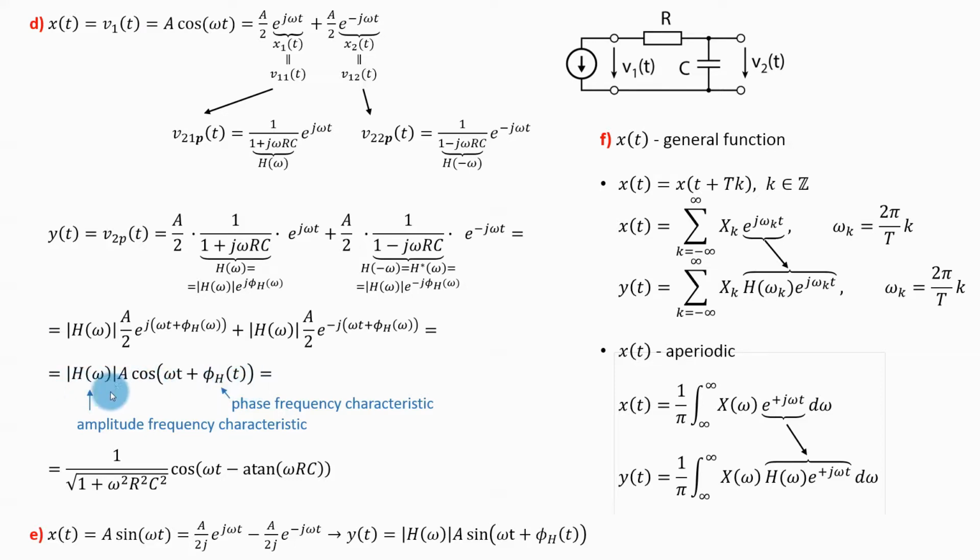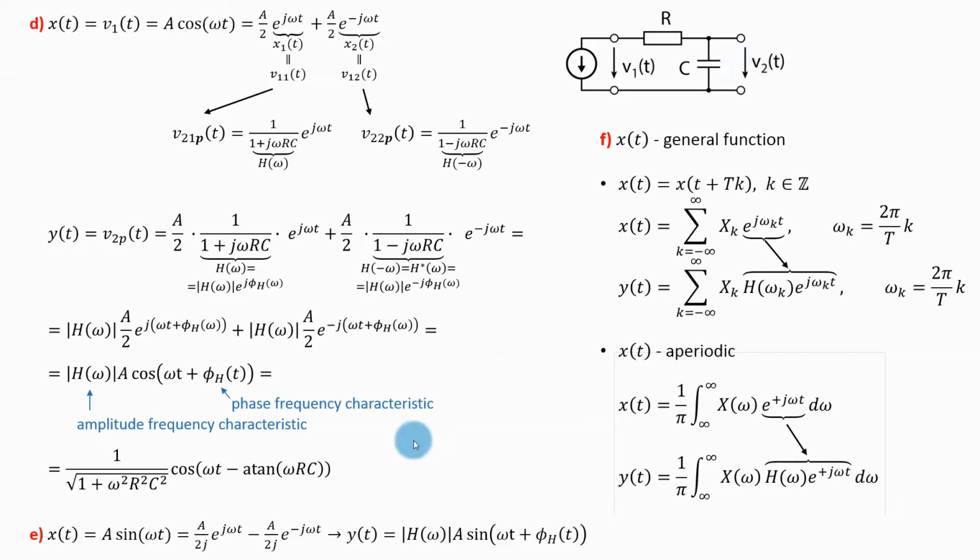And of course the amplitude frequency characteristic tells us how the cosine is amplified in amplitude, and the phase frequency characteristic tells us how the cosine is shifted in phase. If I substitute the frequency characteristic of this circuit, I would actually get this formula for the output voltage of my circuit.